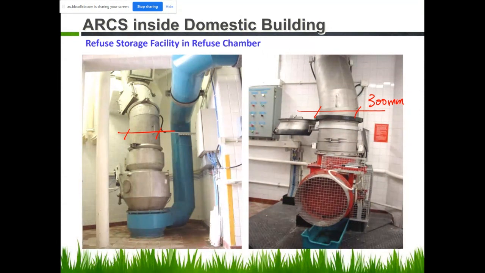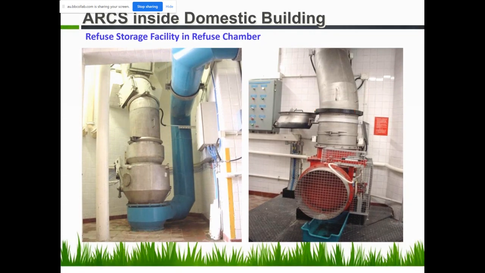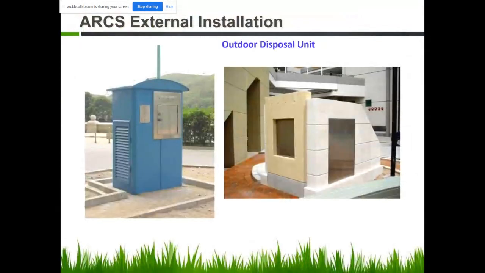This plant room, 99% would be located on the ground floor or a car park, because it is much easier to arrange for transportation. So this is the external one, like a box, open and then throw. Okay, this one is more luxury. This is the outdoor disposal unit.